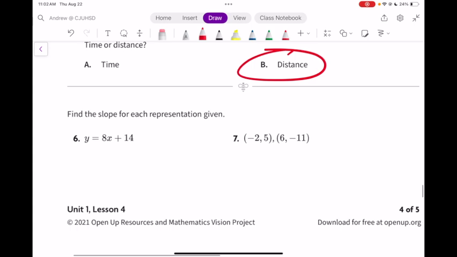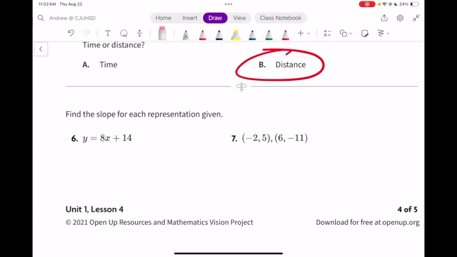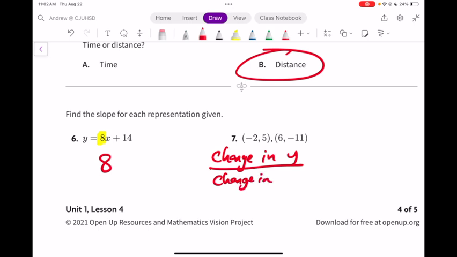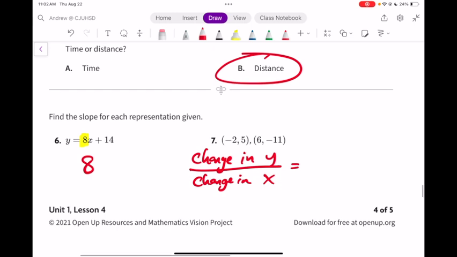Okay, and then we looked at these real quick. If you want to find the slope in this form of an equation, it's the number in front of x. It is 8. And for finding a slope from 2 points, it's the change in the y divided by the change in the x. There is a formula for this, but basically all you've got to do is subtract.